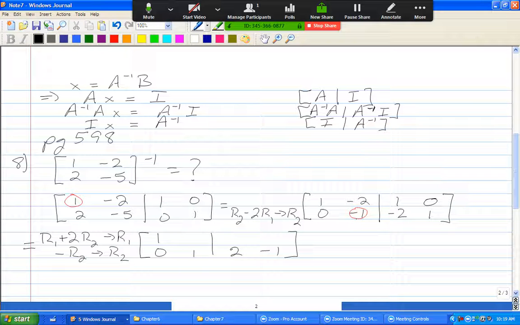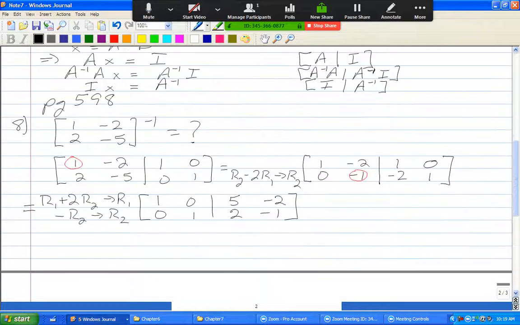Negative 2 plus 2 times 1, 0. 1 plus 2 times 2, 5. 0 plus 2 times negative 1, negative 2.